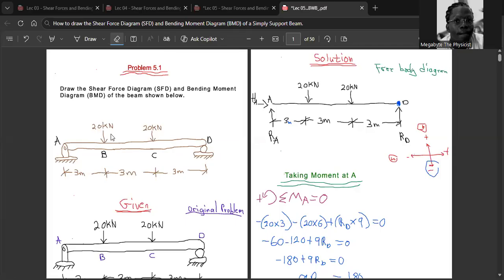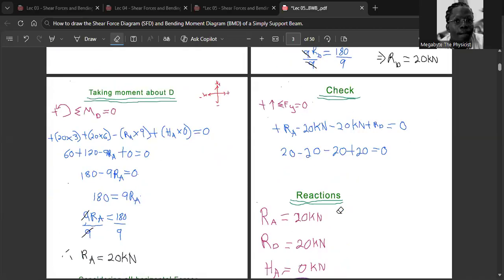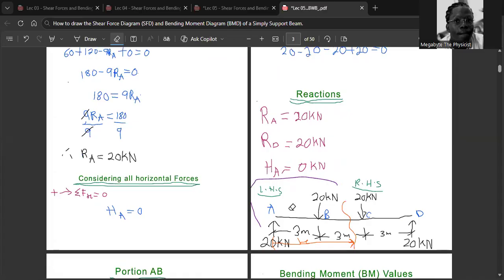So we said that after you are done calculating for your reactions and you do your check, you come and redraw your free body diagram, and then you represent all the forces around it. Exactly. This is our left hand side, this is our right hand side. We took a cut at AB.